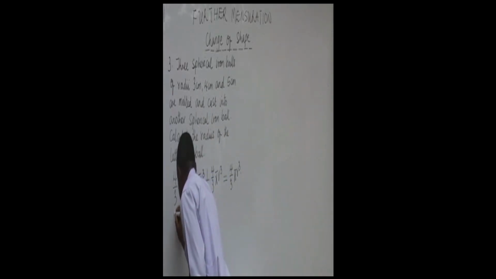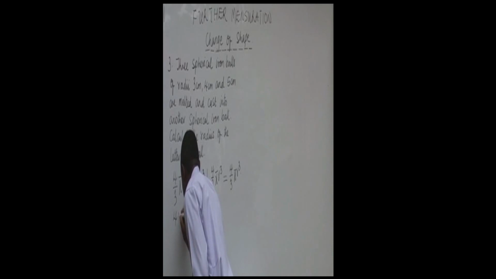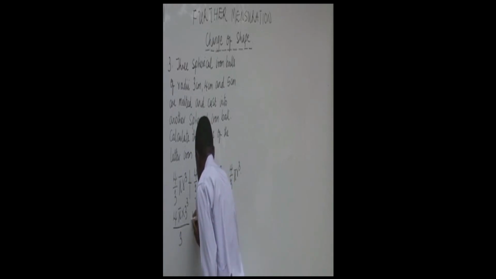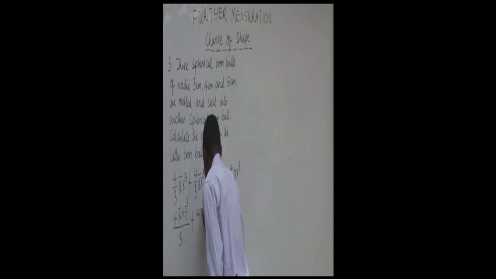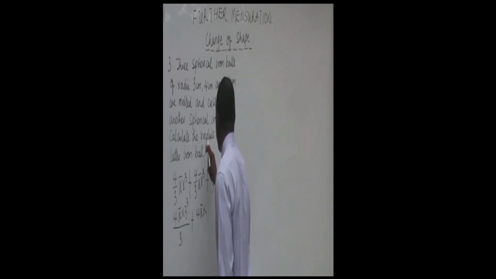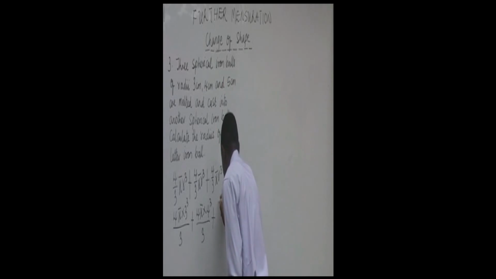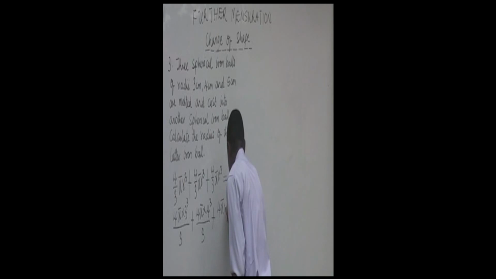You're going to have 4 pi times 3 cubed all over 3, plus 4 pi times, the second one has radius of 4, so we have 4 cubed all over 3, plus the third one, 4 pi r.